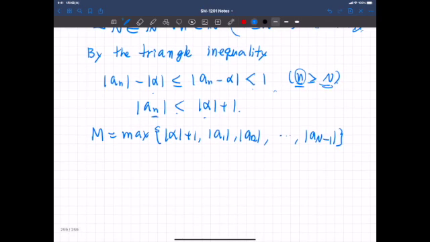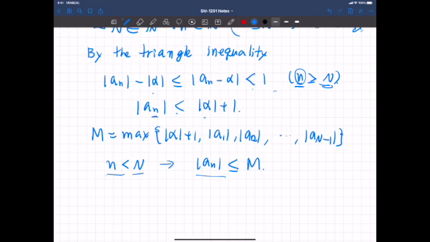Okay, then obviously for n less than capital N, we have a_n less than or equal to M. So that means when the index n is less than capital N, it is bounded.